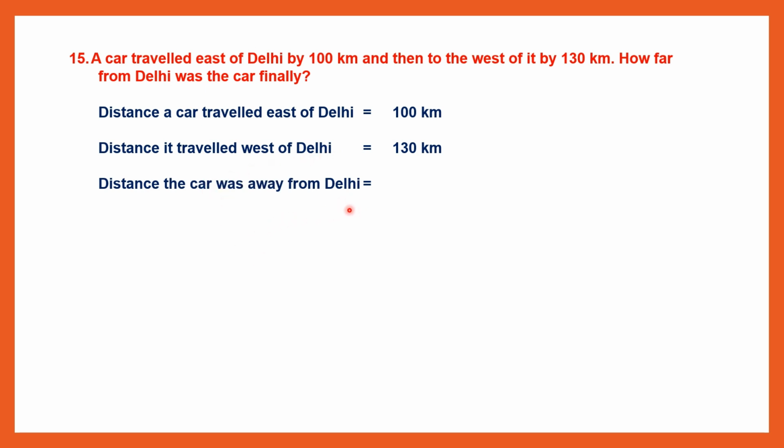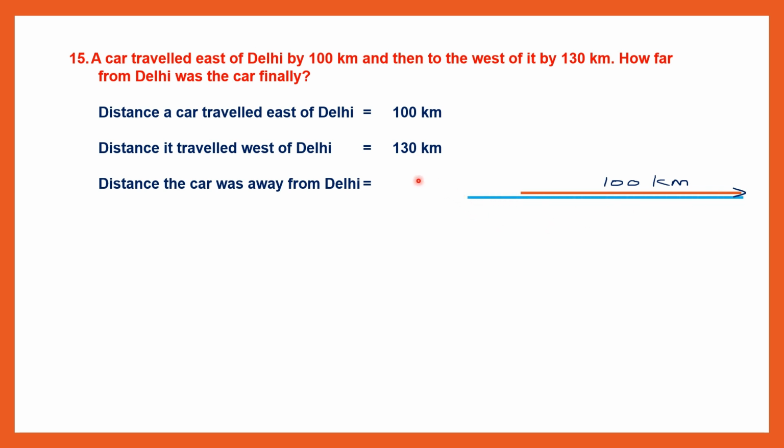Now to understand this, let's imagine a car traveling east. So it's going from here to here. It has gone to the east and this is 100 kilometers. 100 kilometers to the east. Now it says it traveled west again. So from there it's coming to the west. If it's coming to the west, it is the opposite direction.